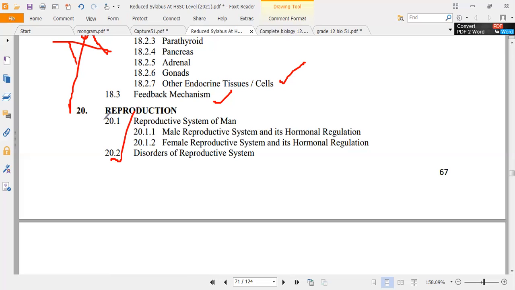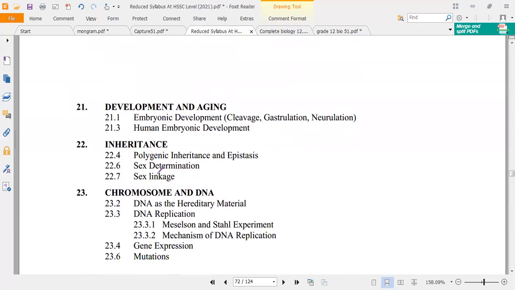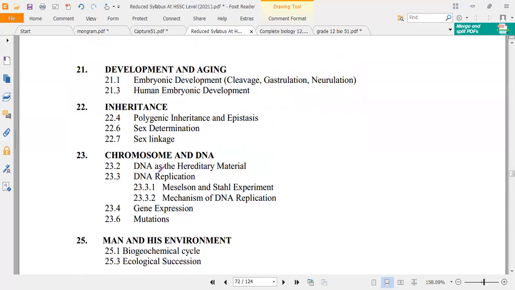These are all included in disorders of the reproductive system. Okay, the next one, sexually transmitted diseases, that topic is excluded. In development and aging, embryonic development, which starts from cleavage, and the three main important steps of this embryonic development: cleavage, gastrulation, and neurulation, are included only.